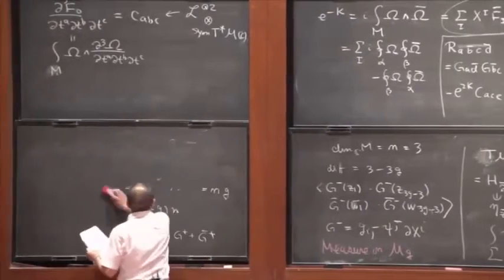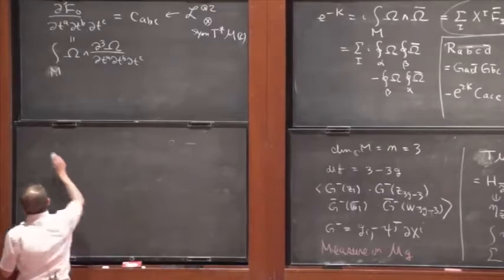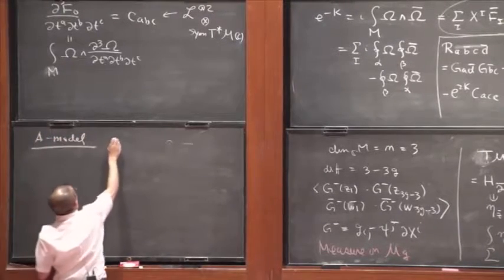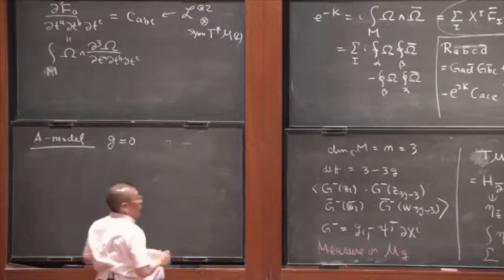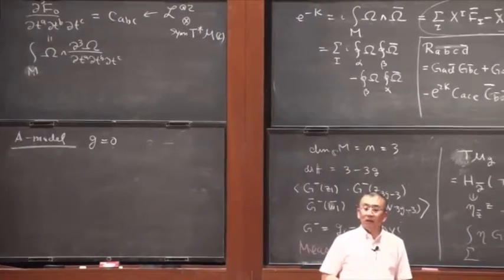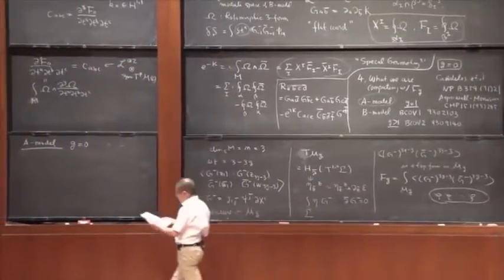So let's first discuss the G equal 0 case, the genus 0 case. This is, as I said, something that was initially worked out by Candelas et al. based on an example and proven by Aspinwall and Morrison.